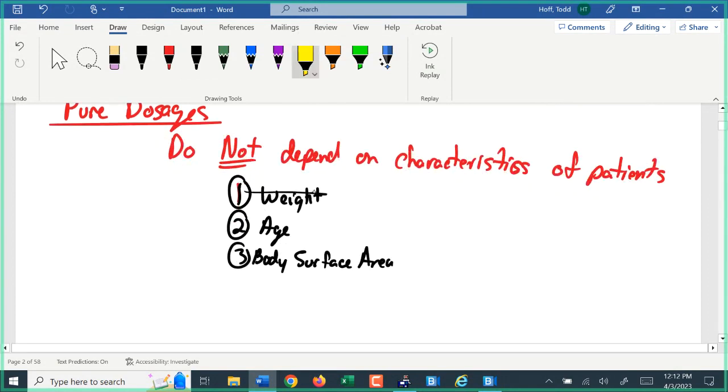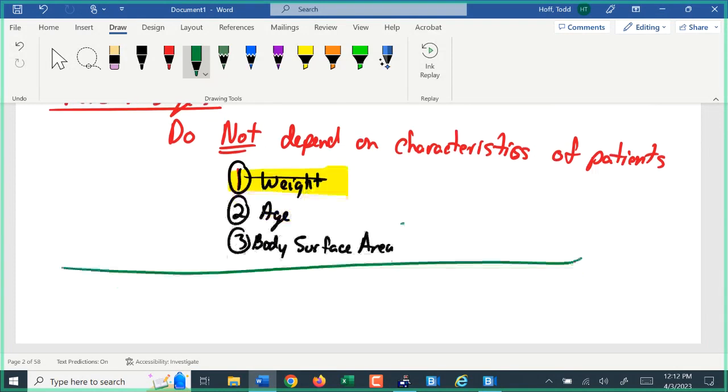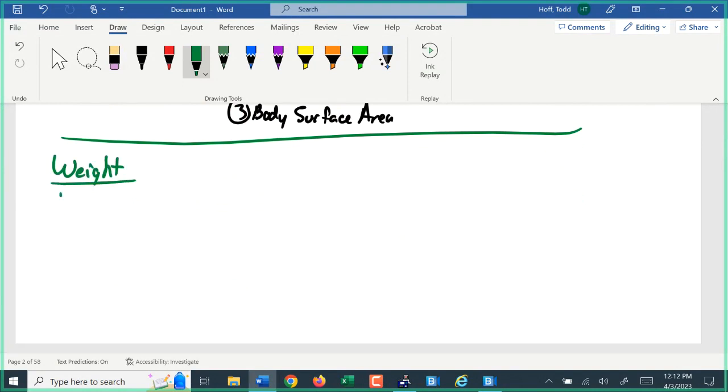Let's take a look at weight. So if I'm looking at a recommendation for weight, we might look up in some sort of a reference that for a particular medication, the recommended dose is 6 milligrams to 8 milligrams per kilogram.